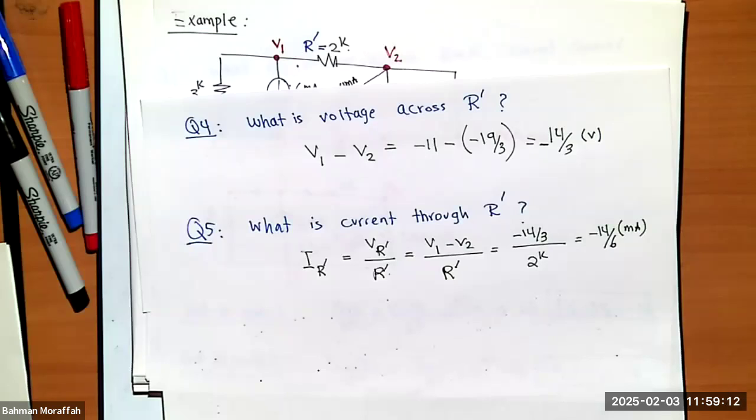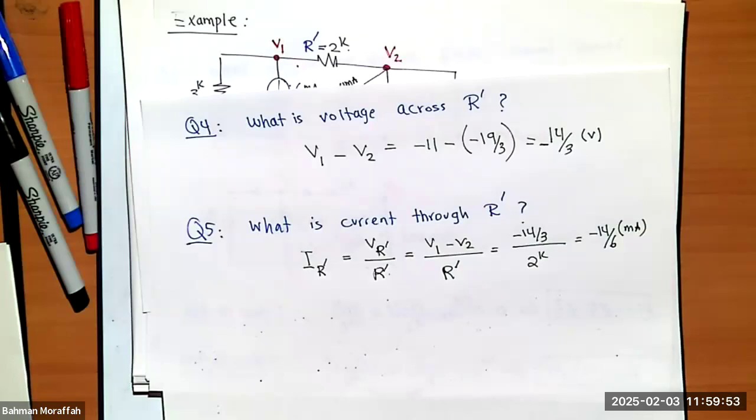Next lecture, we're going to do a few more examples to see how we can apply this method to any circuit, what obstacles we might run into, and how we can get around them. Afterwards, we're going to talk about mesh analysis, which is exactly the same as this, but rather than solving for node voltages, we're going to solve for loop currents. But essentially, it is the same thing. However, as I mentioned, this is a more general way to solve any circuit. Right?